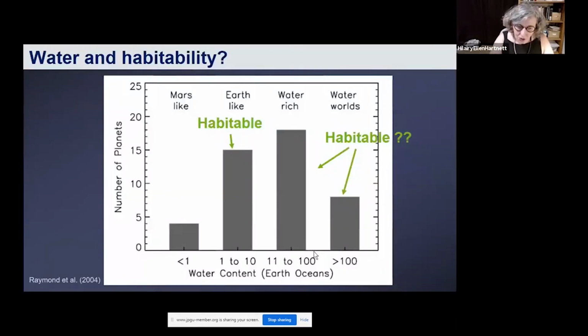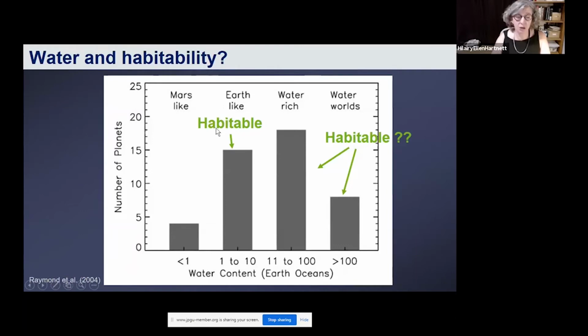So we're reasonably certain that lots of planets are going to have reasonable amounts of water. This is a plot by Raymond et al., and it's a model that shows numbers of planets on the y-axis, and there are planets with less than 1 Earth's ocean of water. These are dry. They call them Mars-like. Planets with 1 to 10 Earth oceans of water.